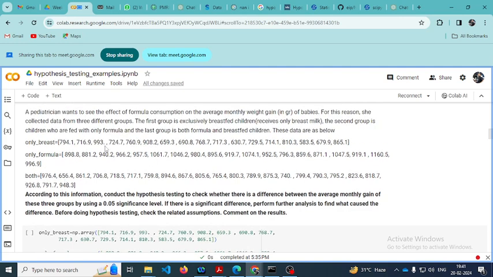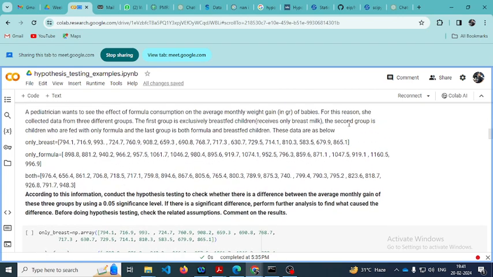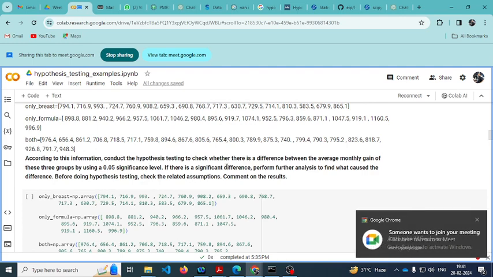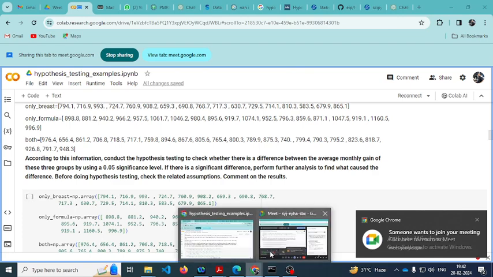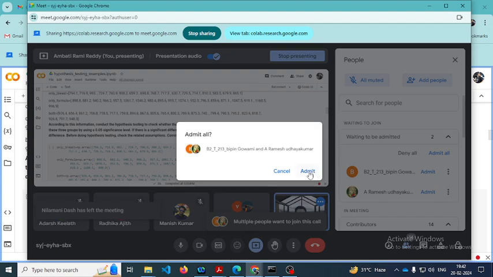Based on these feeding values, we need to conduct this hypothesis testing to check whether there is a difference in the average monthly gain. Is there any difference in the average monthly gain? We need to check it.